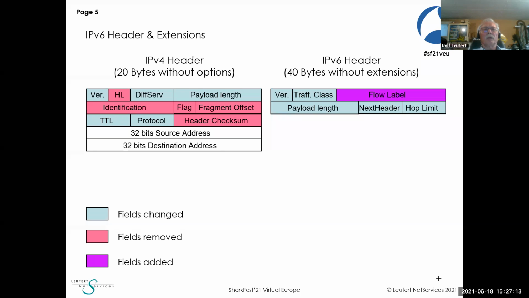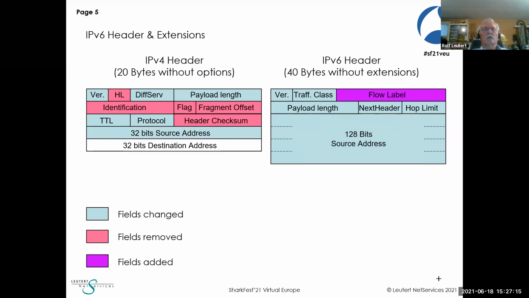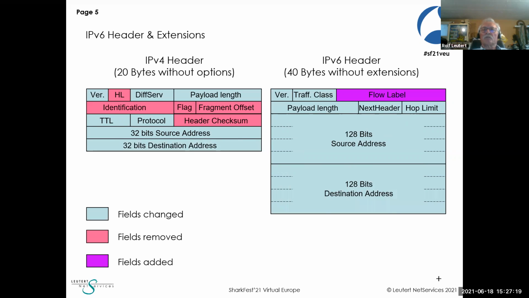So we save some bits, but of course, these bits and bytes will be used by our address, which is 4 times longer. So our base header is 40 bytes already, which of course then takes room from the payload. If you do not use jumbo frames, then the payload is reduced by these 20 bytes. Okay, we have to live with that.